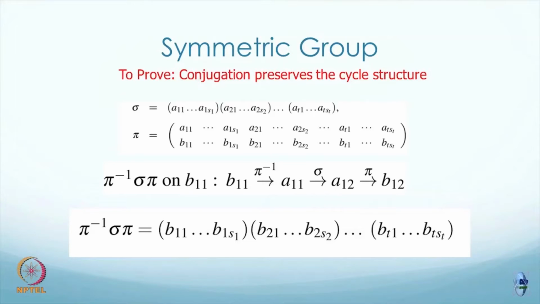Under sigma, A11 will go to A12. Again you do a pi; if you do a pi on A12, it goes to B12. So what I have essentially achieved is that the element B11 under the conjugation operation goes to B12.